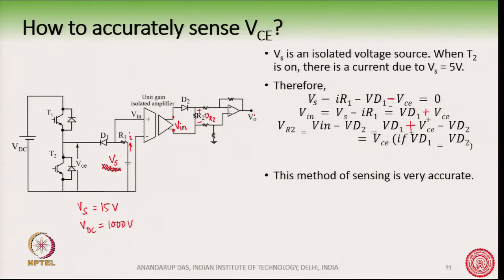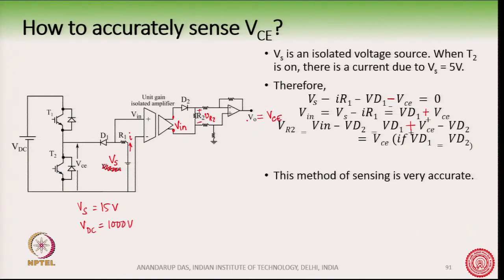This VR2 is then passed through a differential amplifier, and we get the voltage V0. Suppose this is a unity gain differential amplifier. Therefore, VR2 is equal to VCE if VD1 is equal to VD2. So, this voltage V0 is equal to VCE.